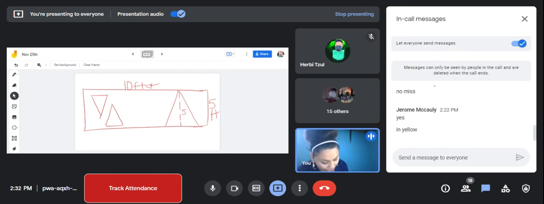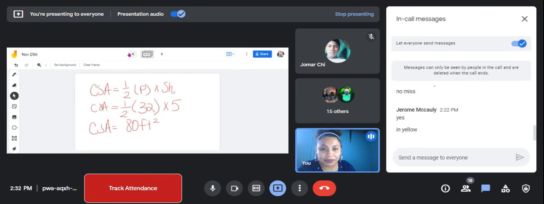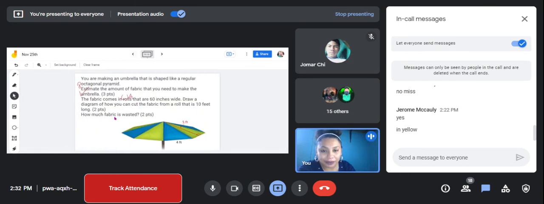Yes, guys? No, guys? Tell me. Yes, Miss. So this is the second part. The third part now, how much fabric is wasted? For this one, you are going to be finding the area of the fabric, which is 5 and 10.